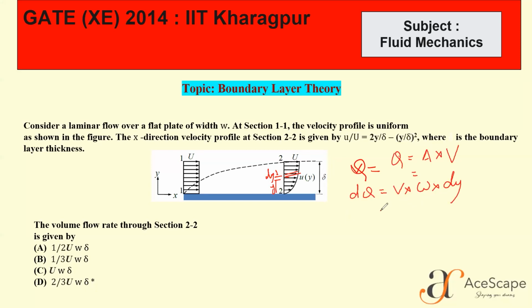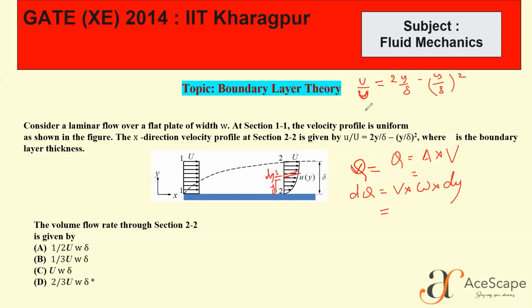Now if we put the value of the velocity, here our velocity is given by this u by U function, that is equal to twice y by del minus (y by del) whole square, right?